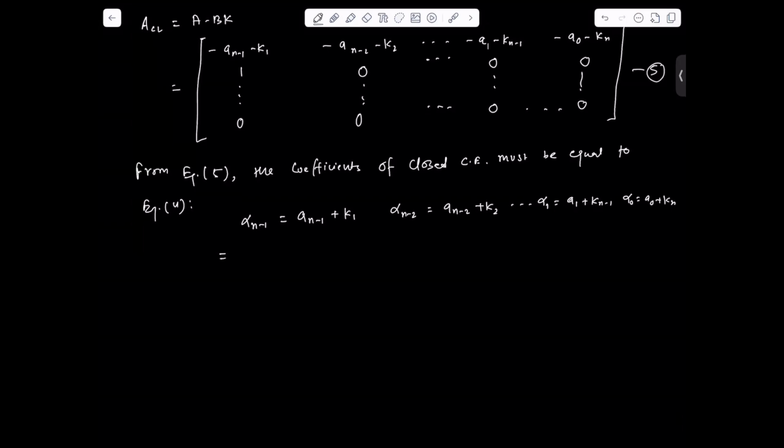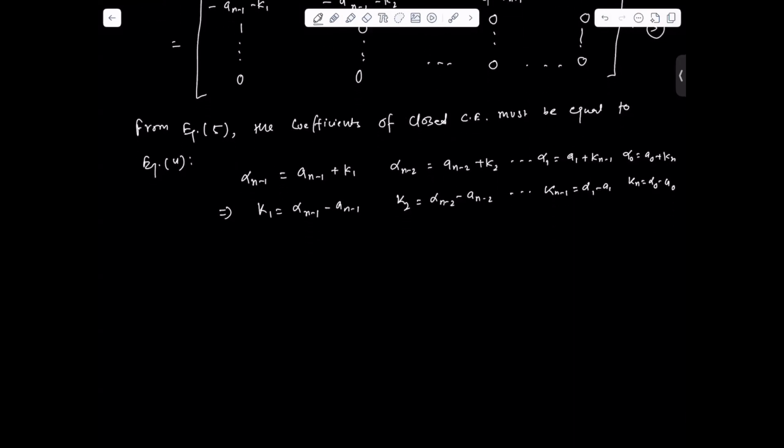And from this we can further write k1 equal to alpha n minus 1 minus a n minus 1, and k2 equal to alpha n minus 2 minus a n minus 2, dot dot dot, k n minus 1 equal to alpha 1 minus a1, and kn equal to alpha naught minus a naught, right?